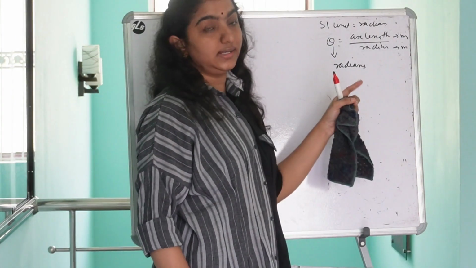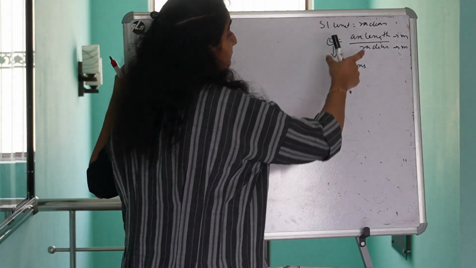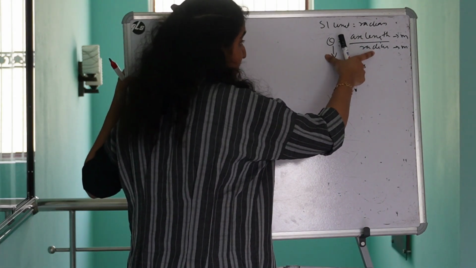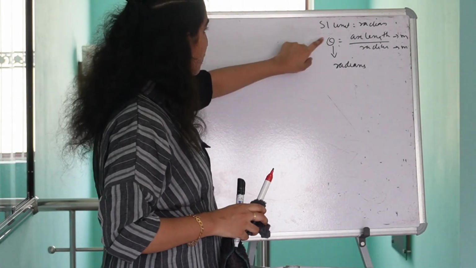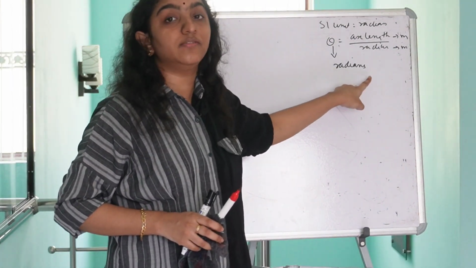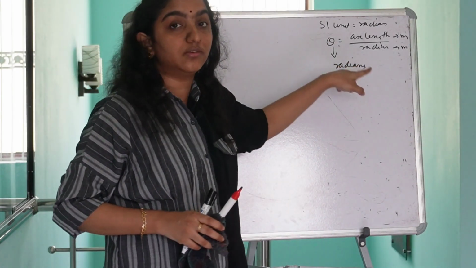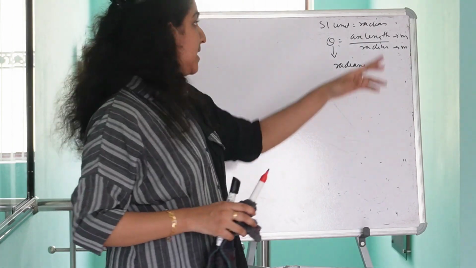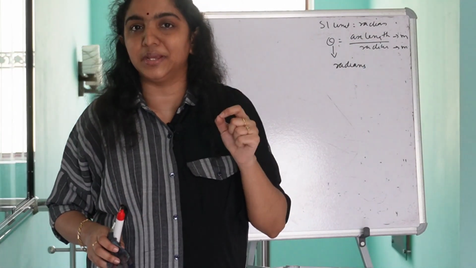Is it clear? So when we substitute values in this particular equation, the angular measurement should always be in radians, and the unit of both arc length and radius should always be meter.